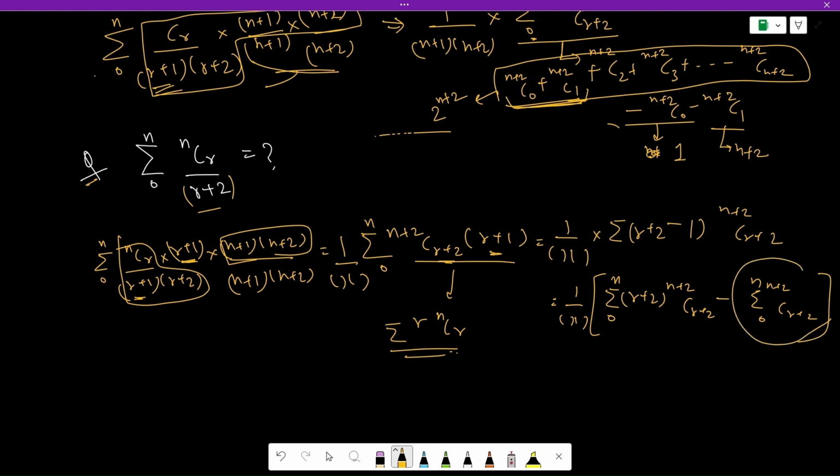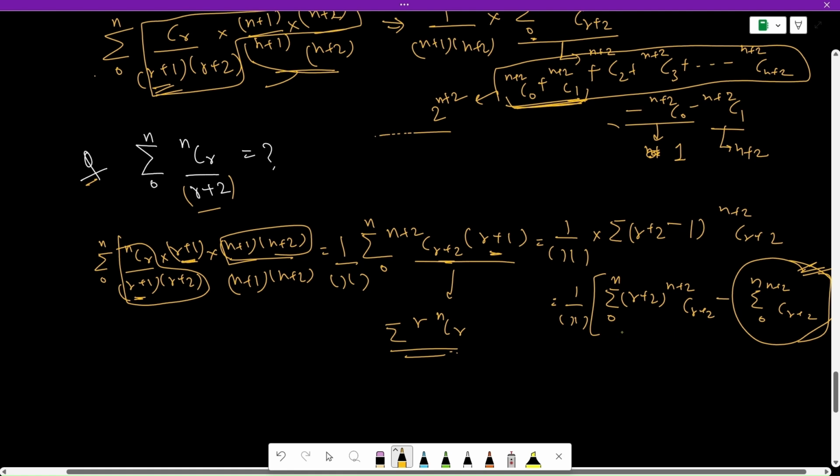Now this part we have already solved in the previous question, so you can use the result, and this we will now see. Now opening this we will get n plus 2 c1 plus 2 n plus 2 c2 plus 3 n plus 2 c3 and so on, up to n plus 2 into n plus 2 c n plus 2.